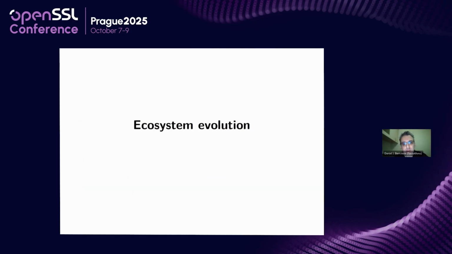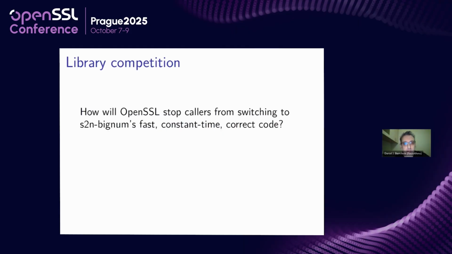All right. What does S2N big num mean for other libraries and for the cryptographic ecosystem generally? Well, let's look at this from the perspective of, say, OpenSSL. Obviously, S2N big num, to the extent it's providing functions that OpenSSL also provides, is competing with OpenSSL. So what is OpenSSL going to do to fight against this competition?